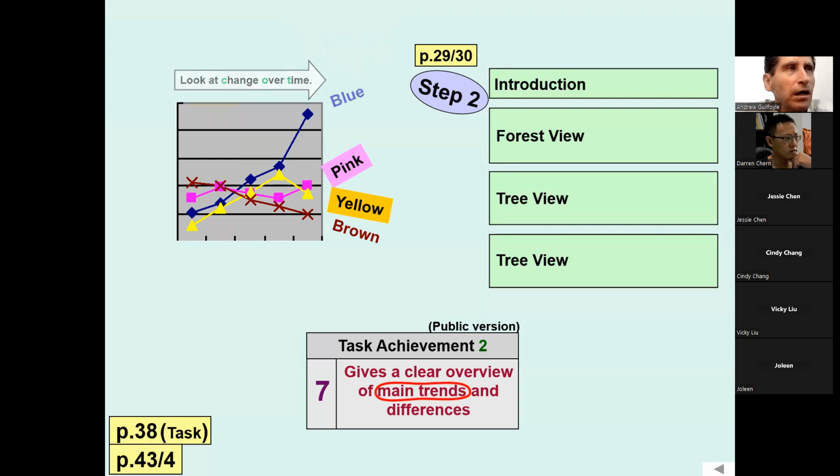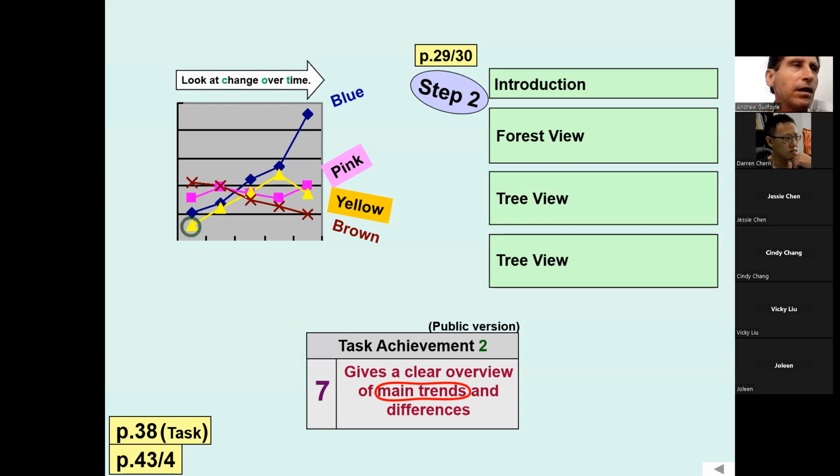What about the main trends? What about the blue line? Does it rise? Yes. It rises nicely. Pink line. Fluctuated. Fluctuates. Yellow. Rise first, but went down. Yes.